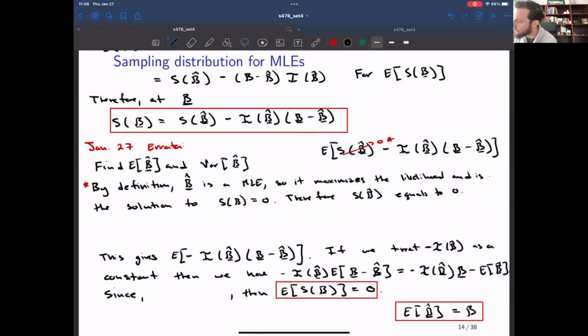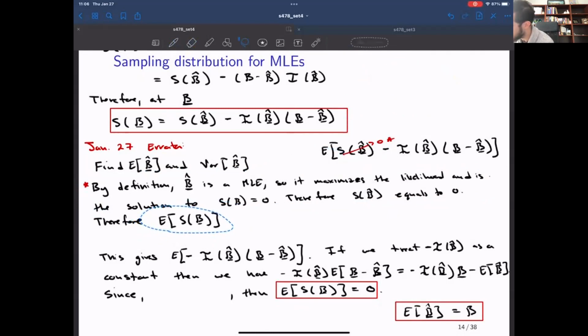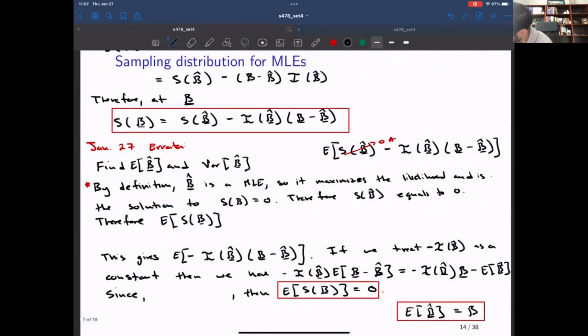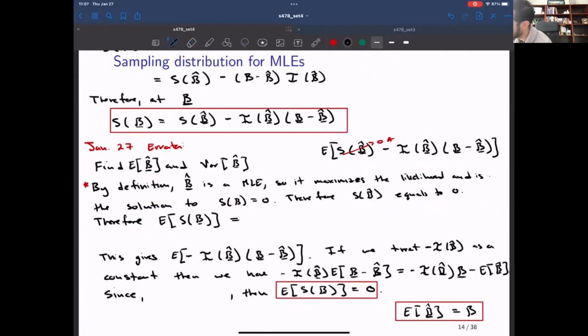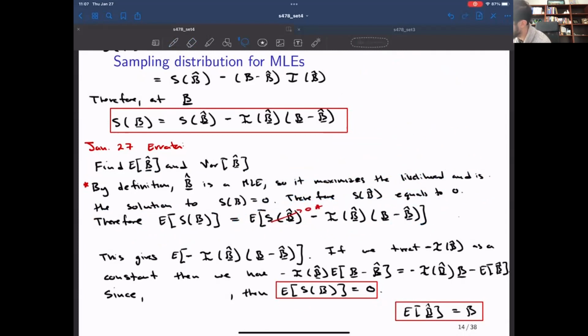Therefore, the expected value of S of beta is equal to this.